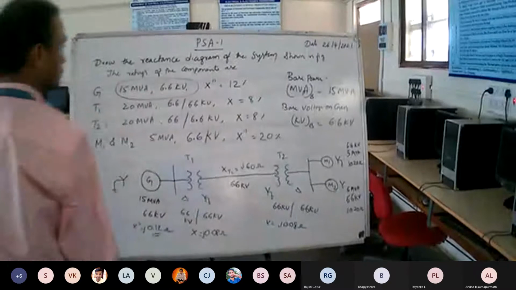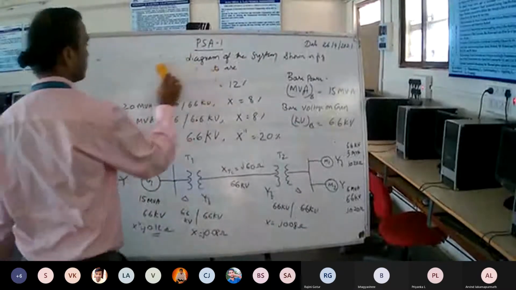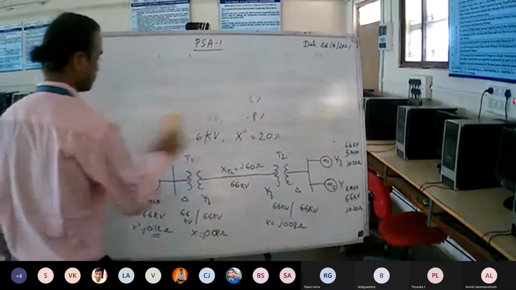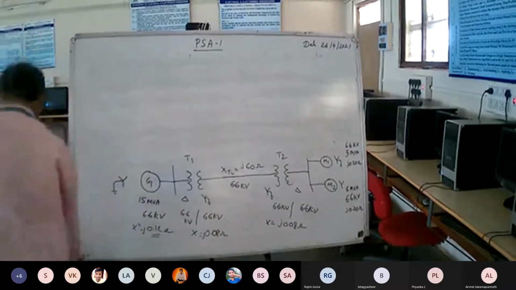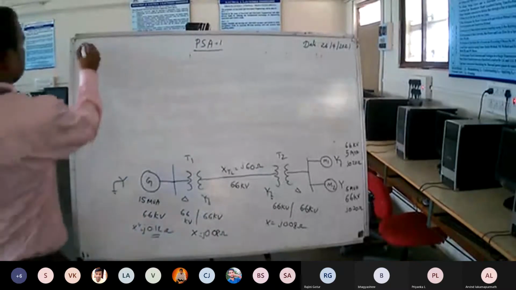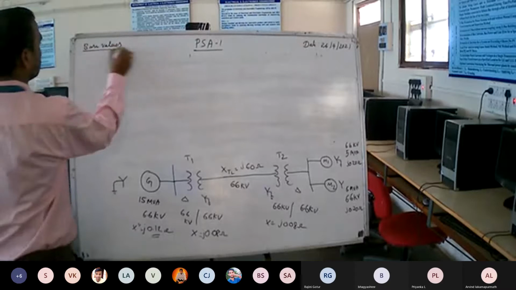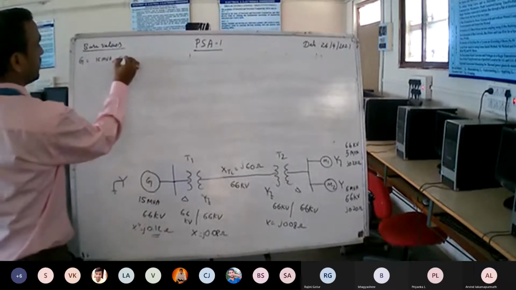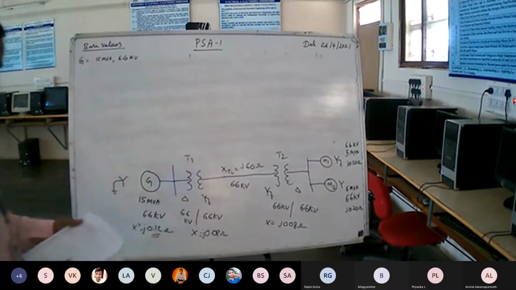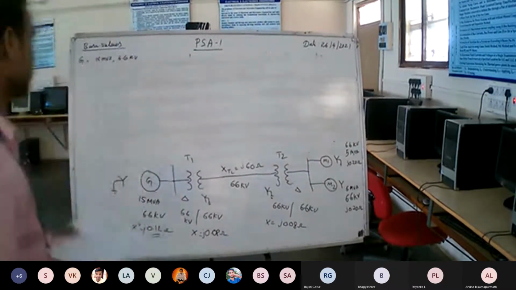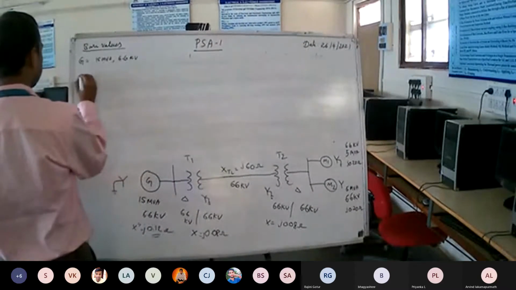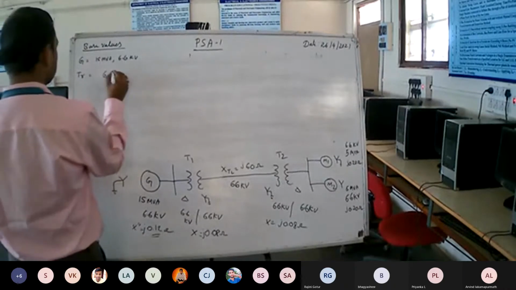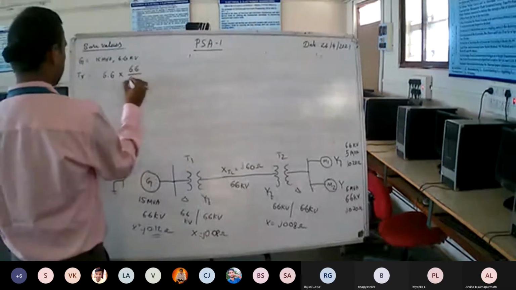How do we calculate it? The base voltage is equal to 6.6 kV into 66 divided by 6.6 kV.